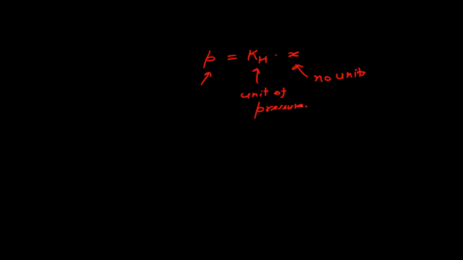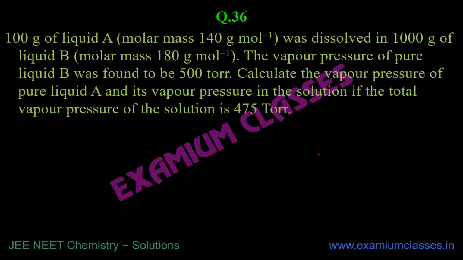But you will see in few questions which have appeared in board exam, this KH unit is not ATM or bar, not unit of the pressure. So in one case, it was actually per mm. So you will write the formula like that. In that case, you will write 1 by P equals to KH X. Only in those cases, this is the exception.